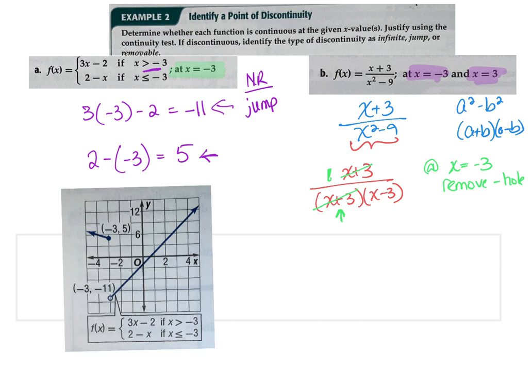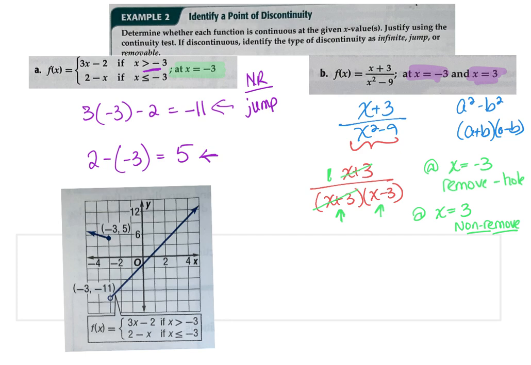All right? What about the x minus 3? Can I remove it? I cannot. All right? So which number causes the problem there? That's +3. So at x equals 3, I have a non-removable. And this is actually not going to be a jump, but we'll actually get to how to graph those later.